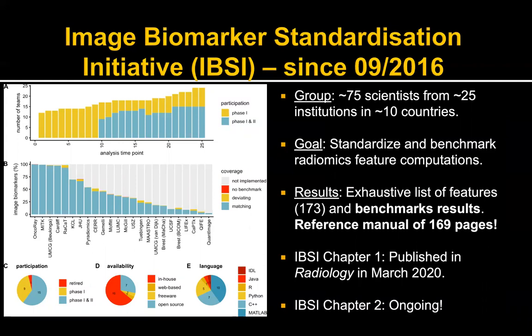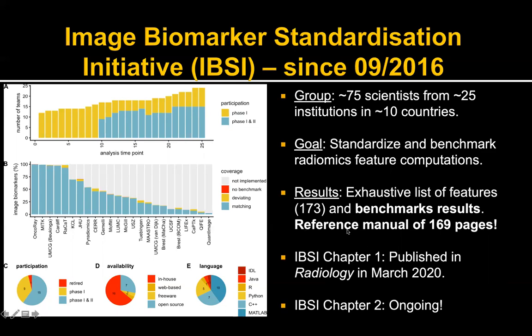So the result of this first phase or first chapter, I would say, of the IBSI since 2016 was the creation of an exhaustive list of features, 173, that are mainly used in the literature by the community, and most importantly, benchmark results of calculation of those features on some specified images, some really definite specified images.